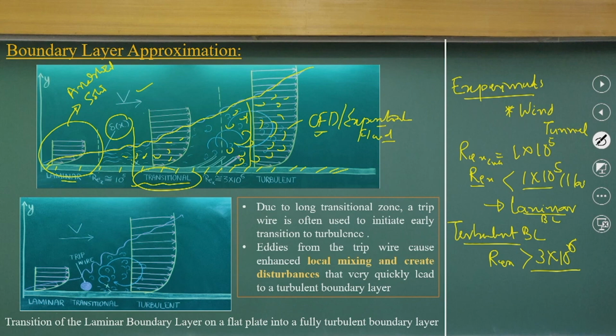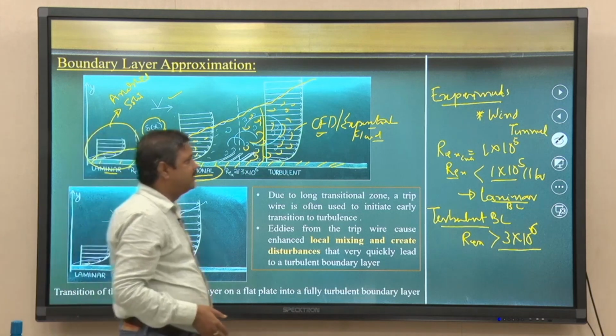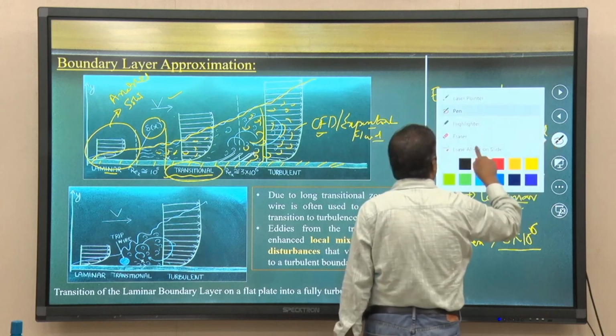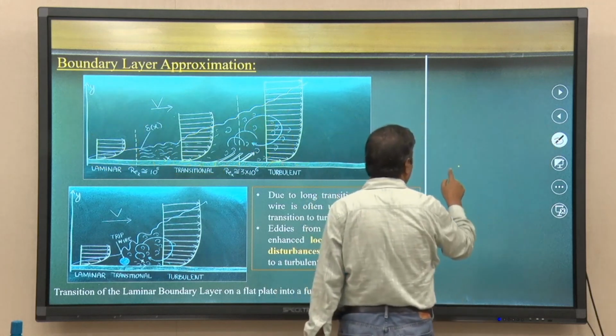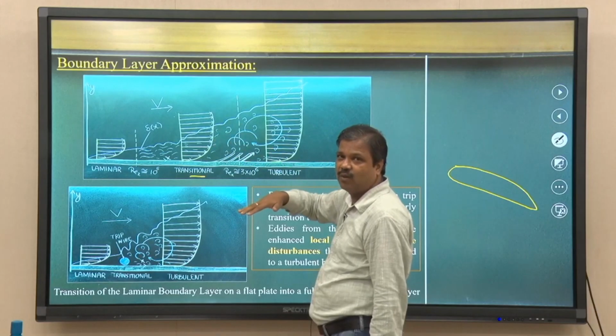And in many design cases we try to avoid this transitional zone. In the case of aircraft wings, we try to put in structures in such a way that we avoid these transitional zones, because of this transitional zone there will be an acoustic component, a heat generation component, and other complex components.